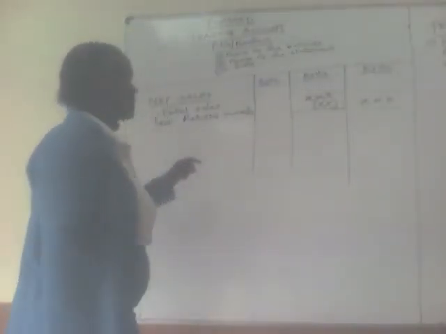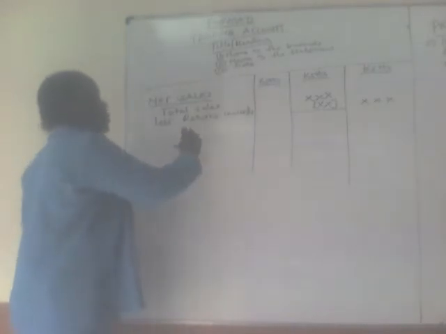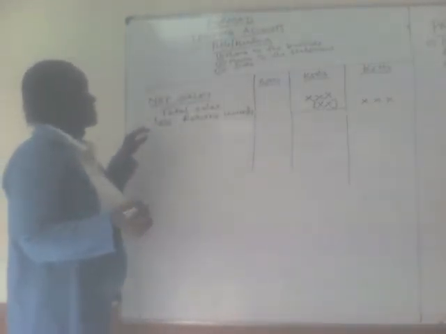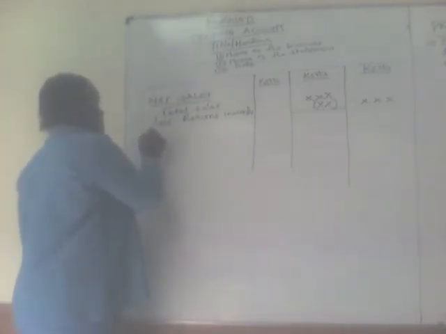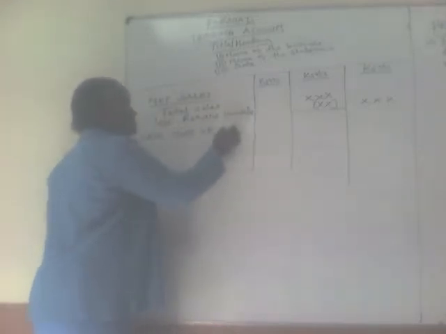Then we come to cost of sales. We say to get the gross profit is the net sales less cost of sales. So you come and say less cost of sales.